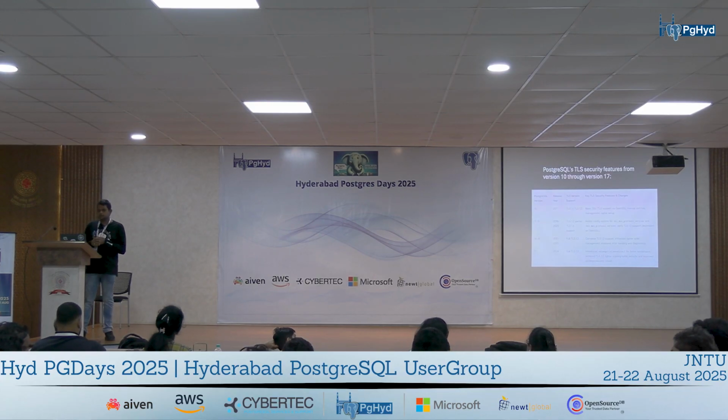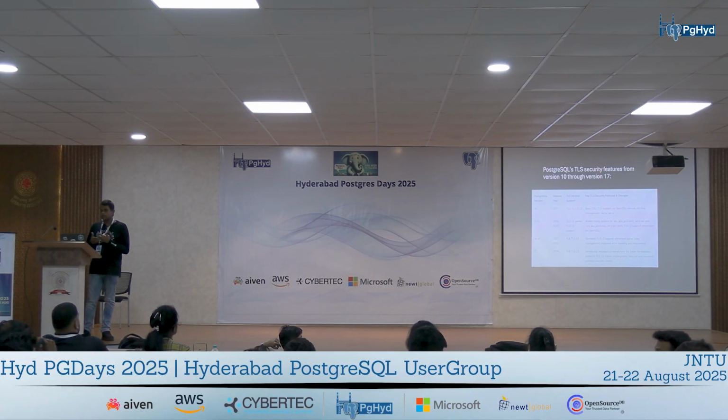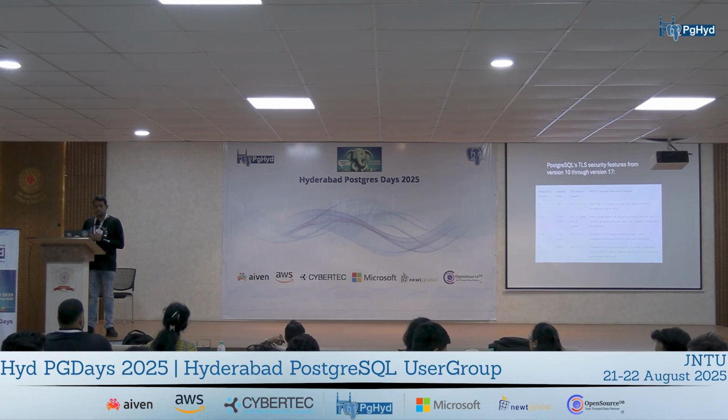Between versions 11 to 13, two new parameters were introduced where you can enforce the database to use a particular TLS version. You can mention minimum and maximum TLS protocol versions. And in version 14, there is complete support for TLS 1.3, which is much more mature than the earlier 1.1 and 1.2 versions.